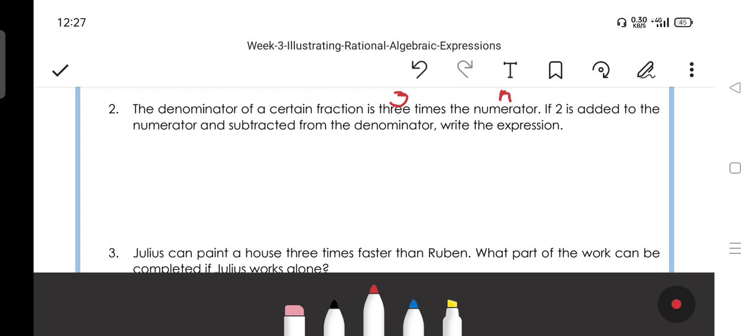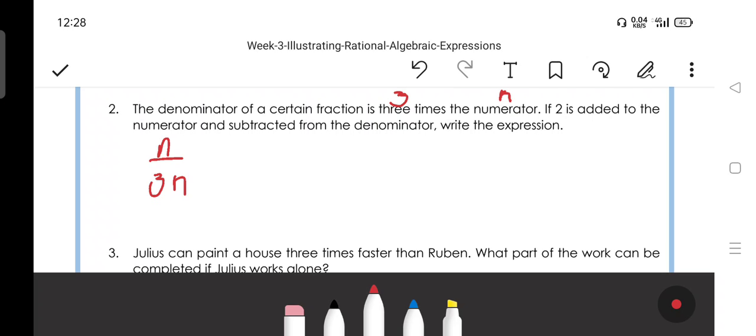It says that the denominator of a certain fraction is 3 times the numerator. So that means if the numerator is n, the denominator is 3n, right? So 3 times the numerator.